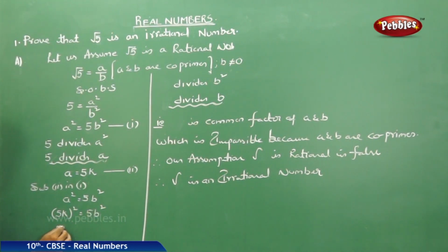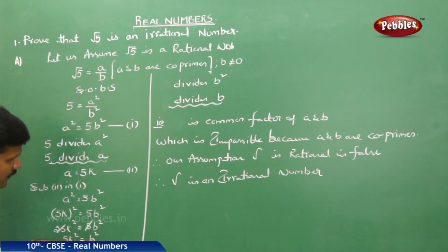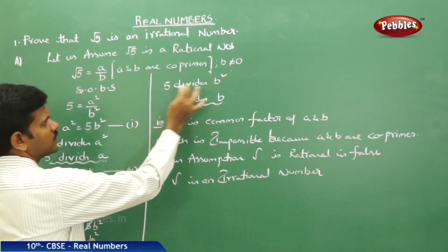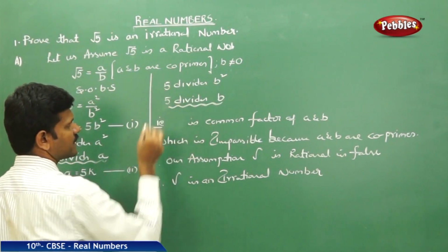That is 25k square is equal to 5b square. The 5 cancels from the 25, and what is left? 5k square is equal to b square. What is the meaning of this? 5 divides b square. If 5 divides b square, then 5 divides b also.